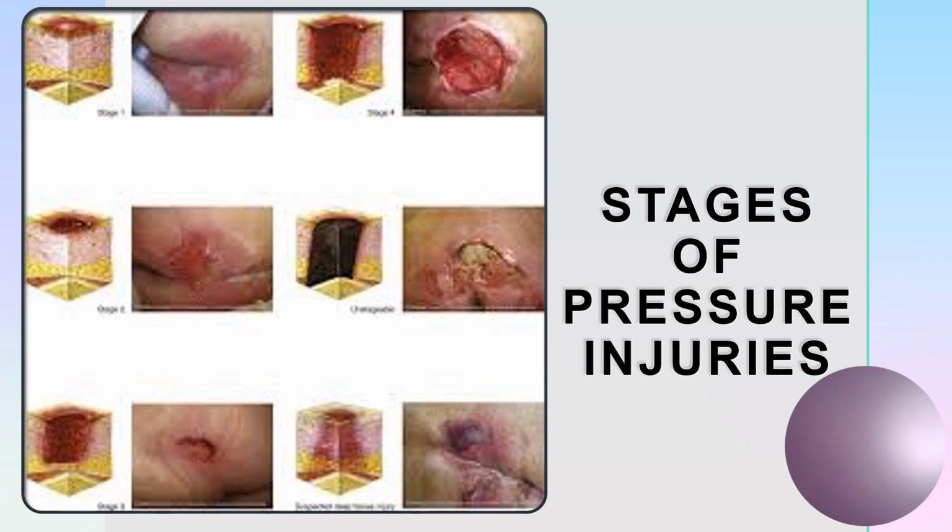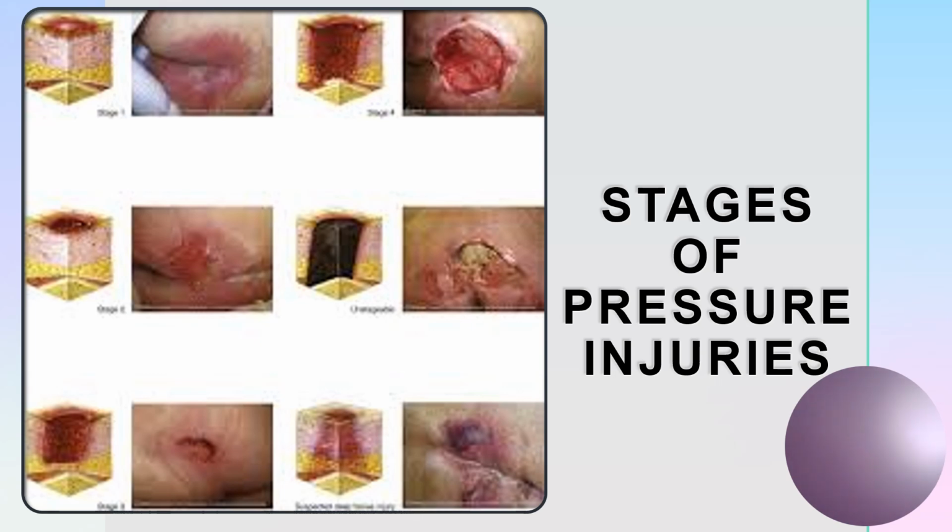The next type of pressure injury is going to be the unstageable. Unstageable means that we can have epithelial tissue, we can have granulation tissue, but it's going to be less than 50% because with the unstageable, we have a wound bed that has more than 50% eschar or slough.